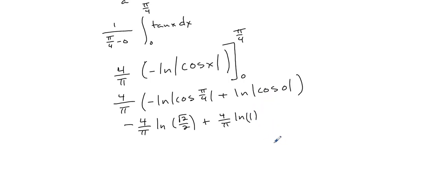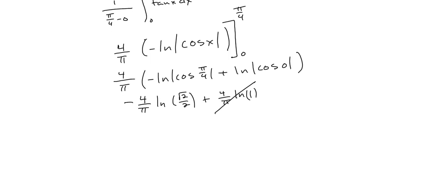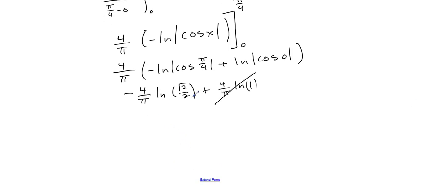Don't need the absolute value signs anymore. And natural log of 1 is my favorite natural log. Goodbye. All right, so then rewrite one last time. That would be our exact answer. No idea what this is approximately equal to. Maybe like that. Check me, see if I'm right.